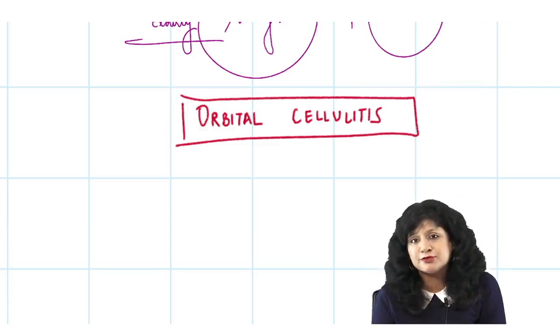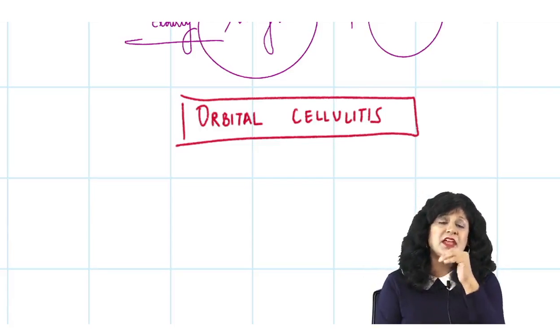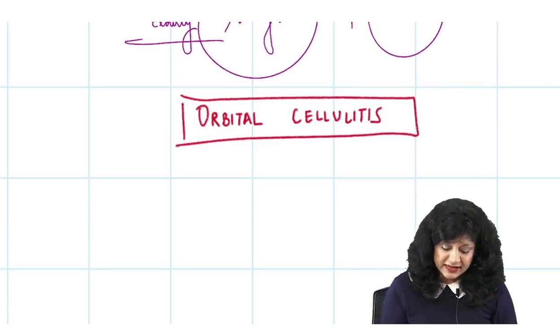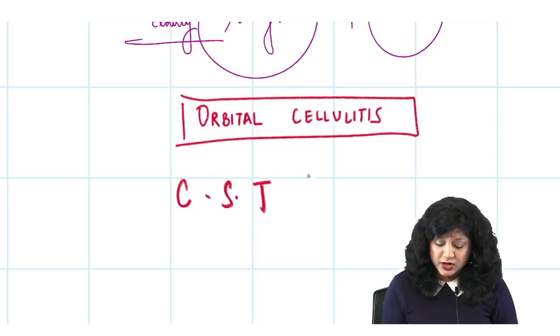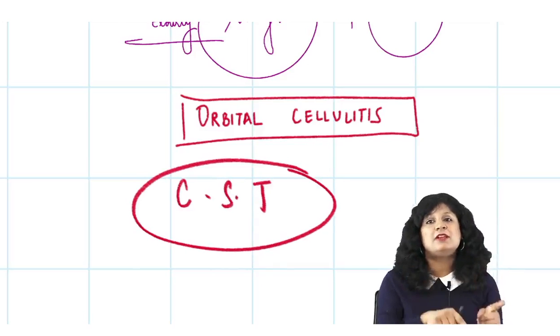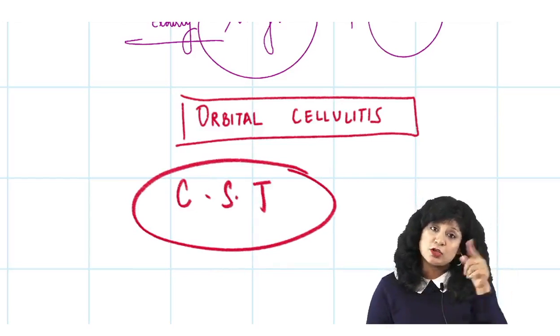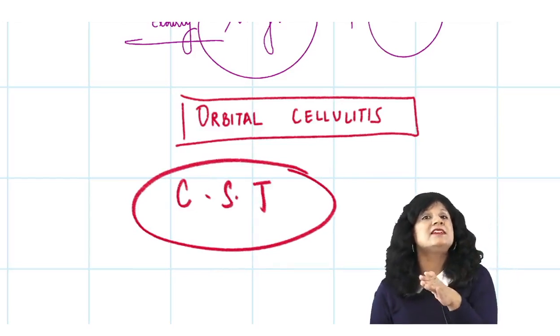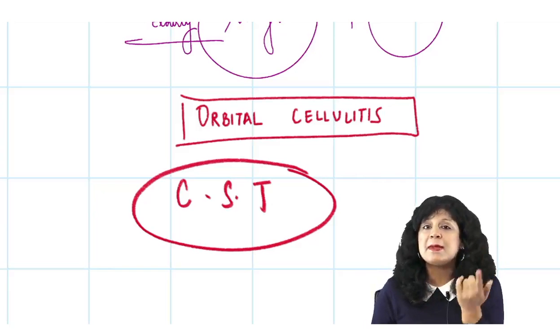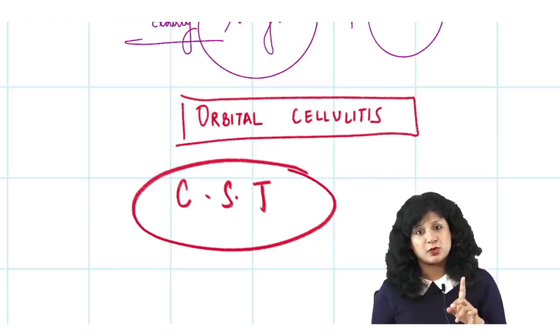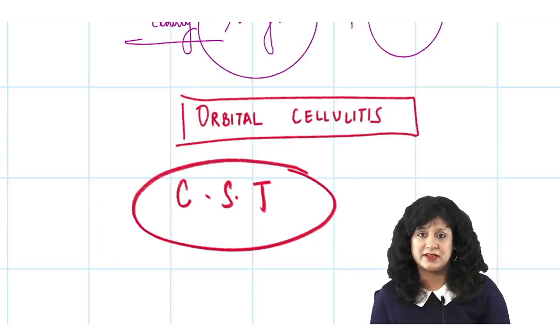One may get confused, and it also mimics cavernous sinus thrombosis. So that is why orbital cellulitis is important. See, orbital cellulitis is important not because of itself, but because it may be mimicking cavernous sinus thrombosis, and certain other conditions.